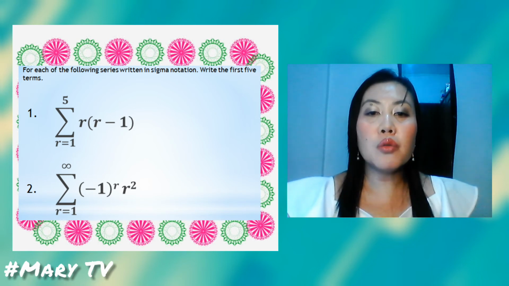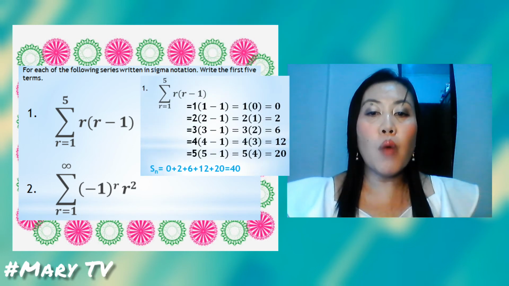For r equal to 1, 1 times 1 minus 1, which is 1 times 0, is equal to 0. For r equal to 2, 2 times 2 minus 1, which is 2 times 1, is equal to 2. For r equal to 3, 3 times 3 minus 1, which is 3 times 2, is equal to 6.